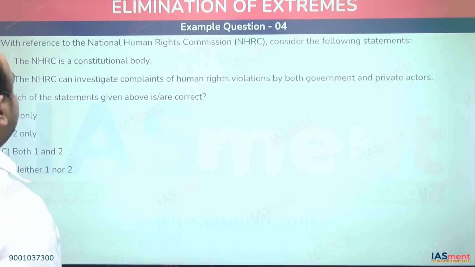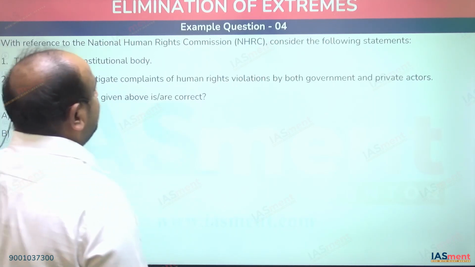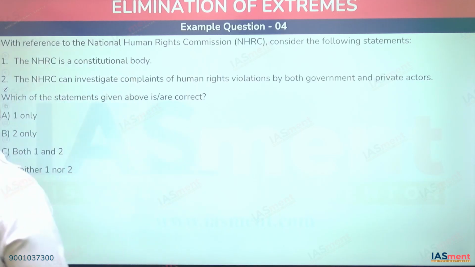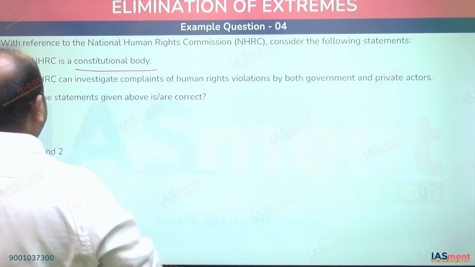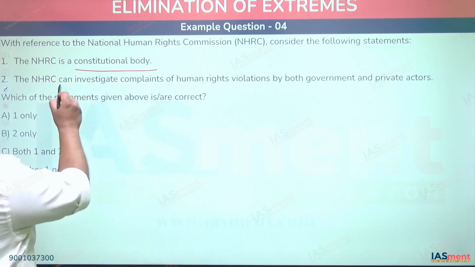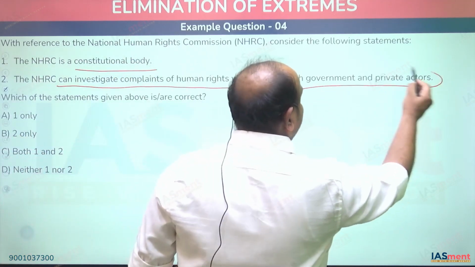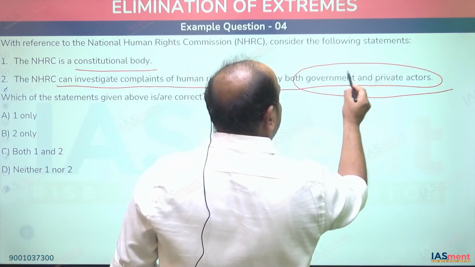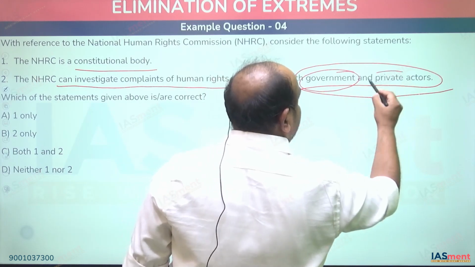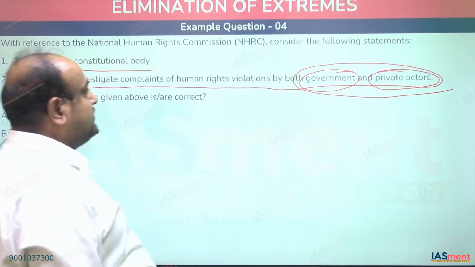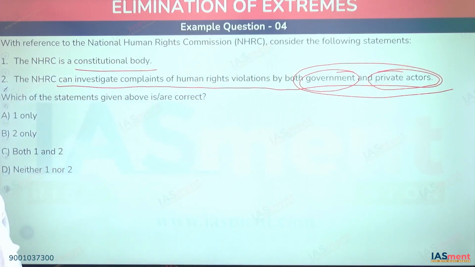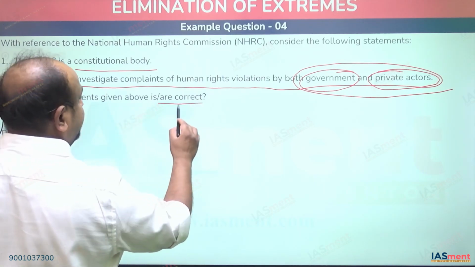Okay. Next question. NHRC, National Human Rights Commission, is a constitutional body. It can investigate complaints of human rights violations by both government and private actors. Which of the following statements given are correct?